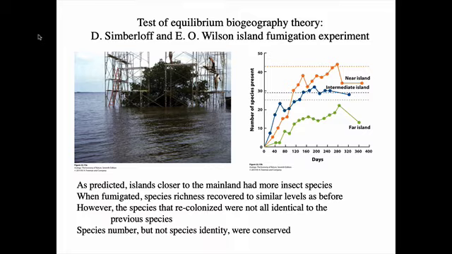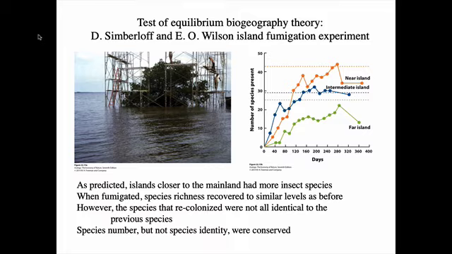But what they did was count the number of species on several islands off the coast of Florida at different distances and different sizes. And then they erected this scaffold, put a tent over the island, and fumigated it to kill all the insects.